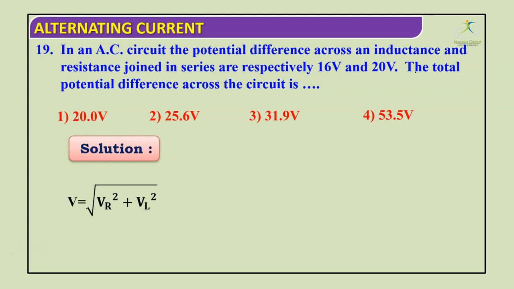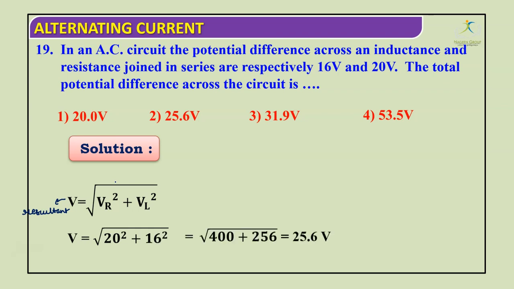Now we move on to the procedure part. We know the resultant V is under root V_R squared plus V_L squared. Put these values and get the result 25.6. According to that, the second option is the right answer.